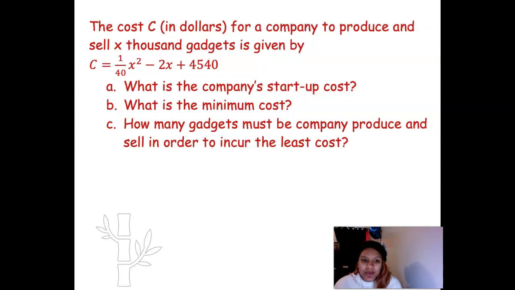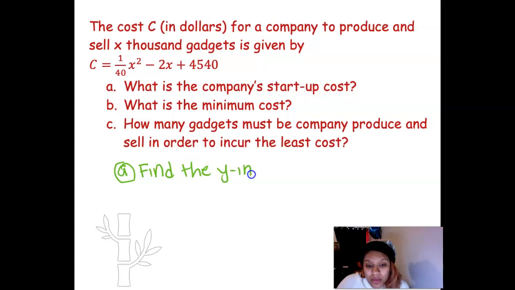Because the function is based on the number of items sold, so the number of gadgets produced, and that will give you the amount of money. So for part A, we want to find the y-intercept. Startup cost, before they can produce any gadget, how much will they have to have in cost?